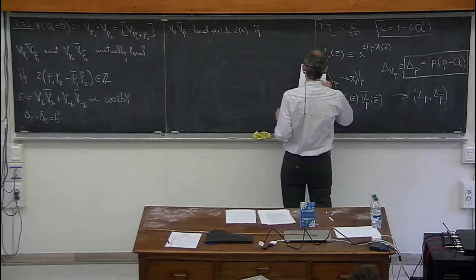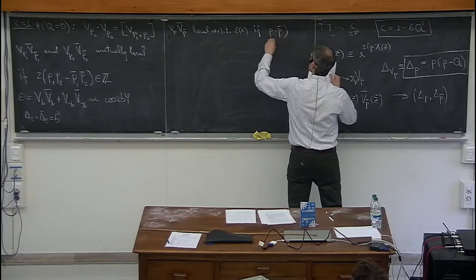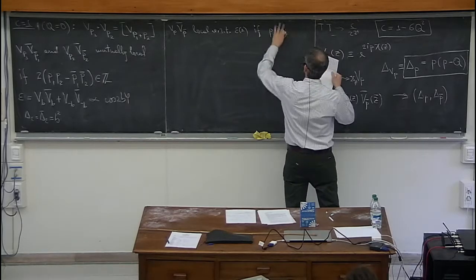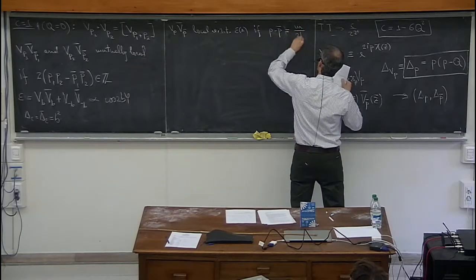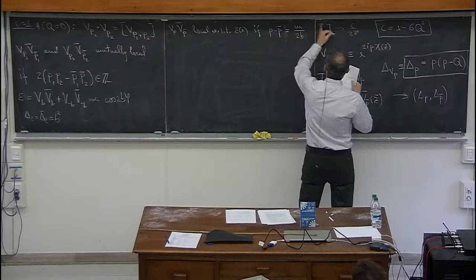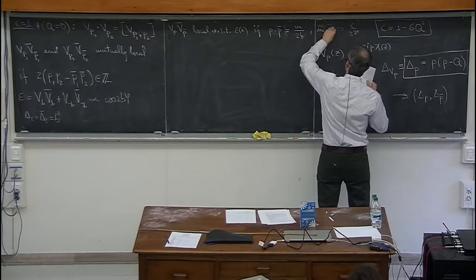The condition will be p minus p bar, well, this is not needed, equal m over 2b, where m is an integer.